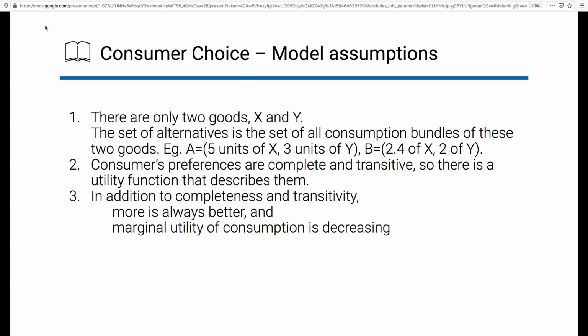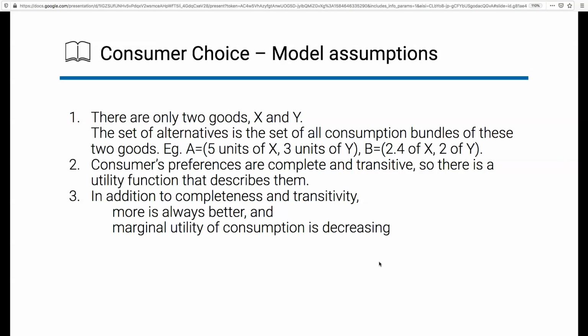So for example, in our case, the bundle A should always be preferred to bundle B because it has more of both X, 5 versus 2.4, and Y, 3 versus 2. So A should always be preferred to B, no matter how much more the consumer likes X or Y.